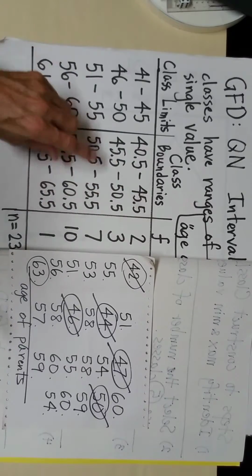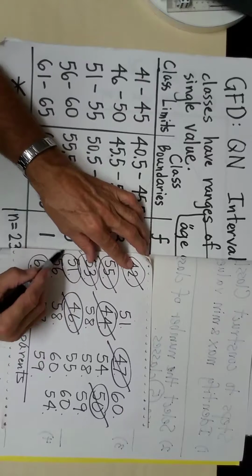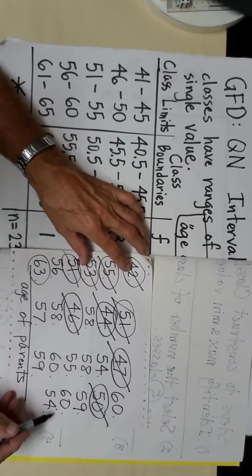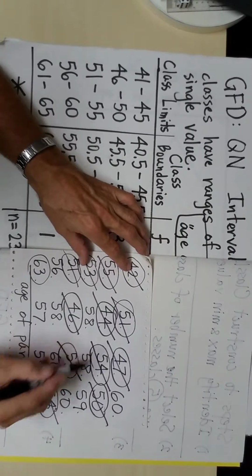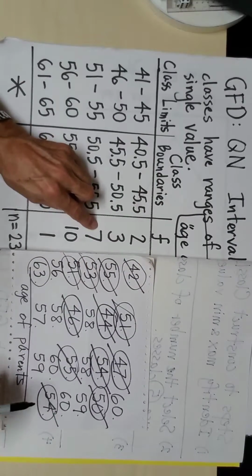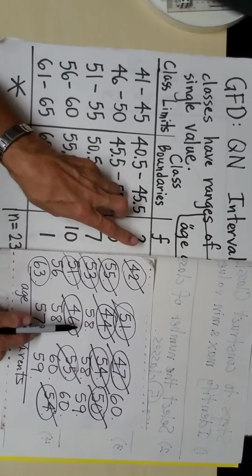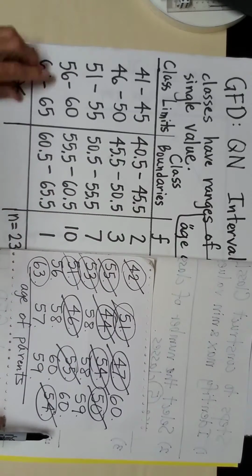Between 51 and 55, 1, 2, 3, 4, 5, 6, 7. I find it practical to circle them or cross them out. That way I know I'm keeping up with them, and that allows me to look more easily at what's left over.